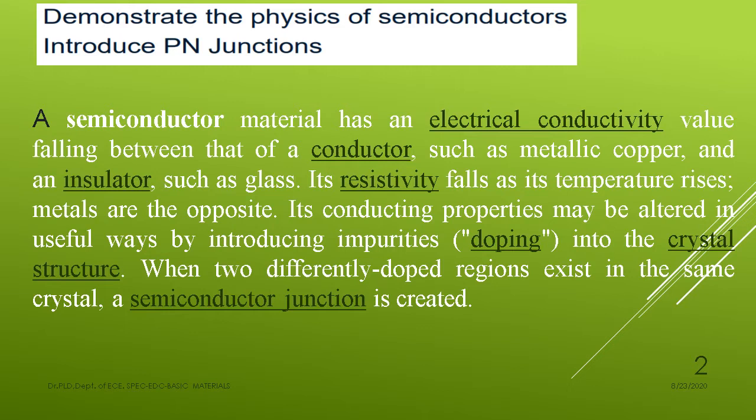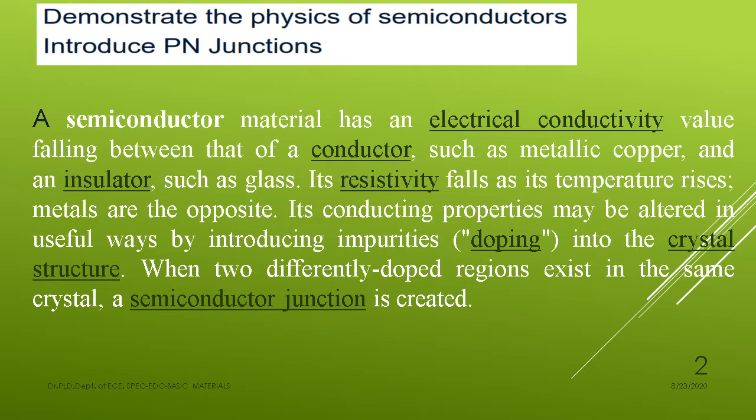Its resistivity falls as its temperature rises. Metals are the opposite. Whenever the temperature rises, the resistivity of semiconductors decreases. But in the case of metals, the opposite action takes place.